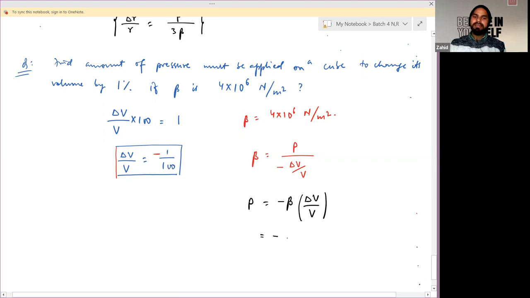We have beta as 4 into 10 raised to power 6 and delta V by V as minus 1 divided by 100.